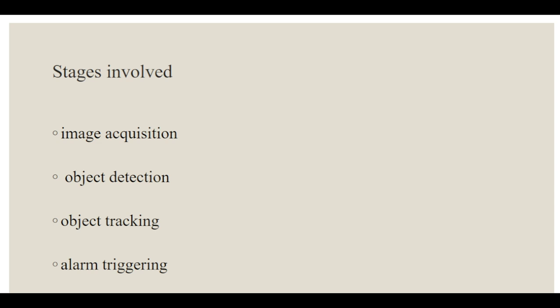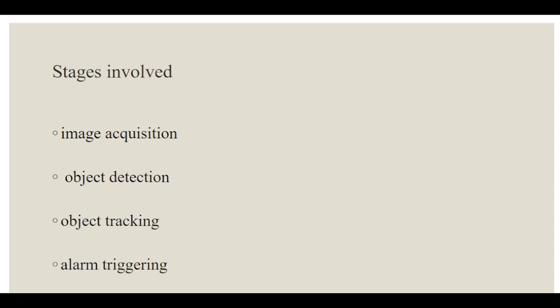Image acquisition. Images or video frames are captured using cameras mounted on the perimeter or at strategic locations within the restricted area. Object detection. In this stage, the system detects and identifies the objects present in the scene. This can be done using various techniques such as background subtraction, foreground segmentation, or deep learning-based approaches.